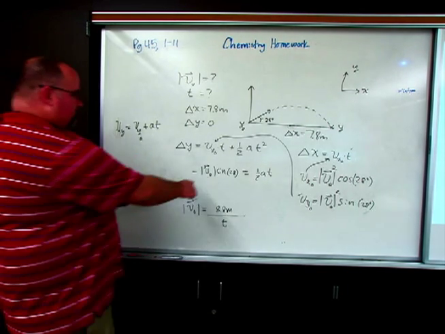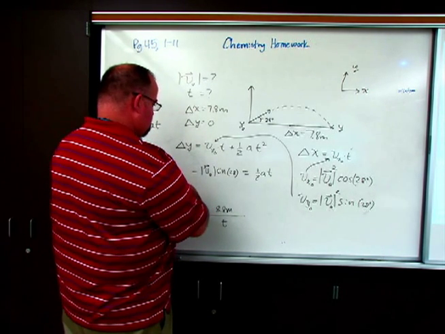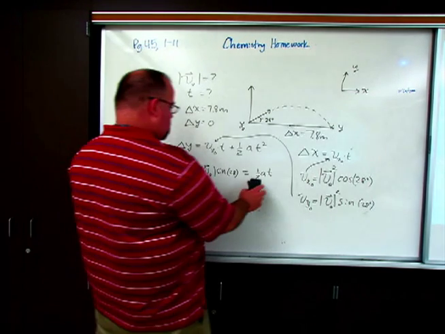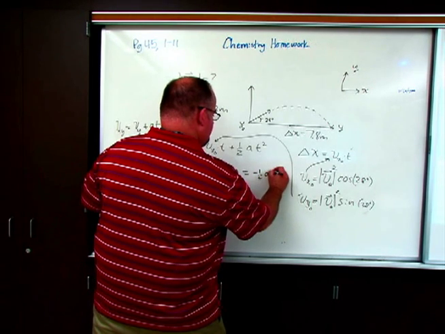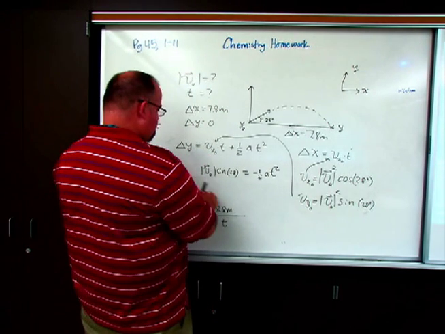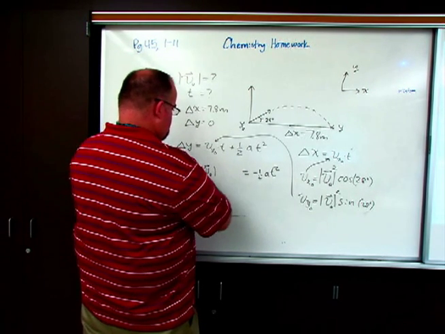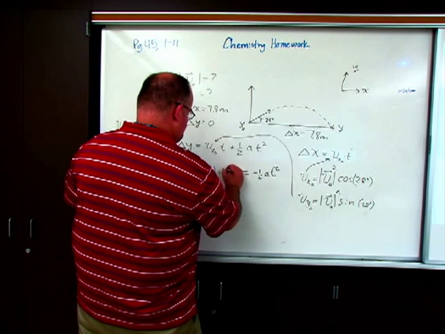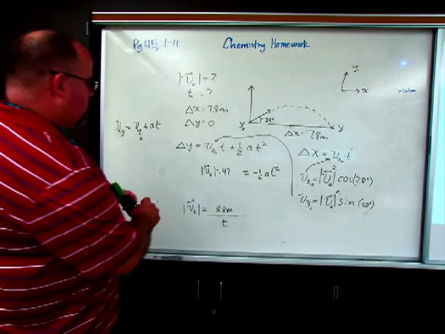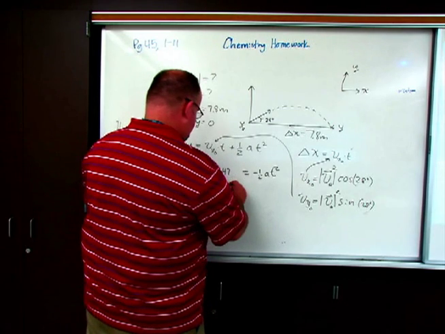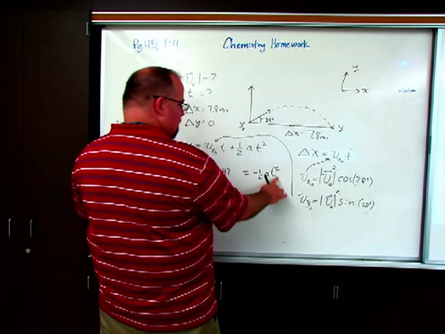Okay, that becomes 0.46. This is negative. Negative 1/2 a t squared. Get rid of that negative there. Make this 0.47 times 0.47. I can divide this over to this side. That's right, I eliminated one of these t's.